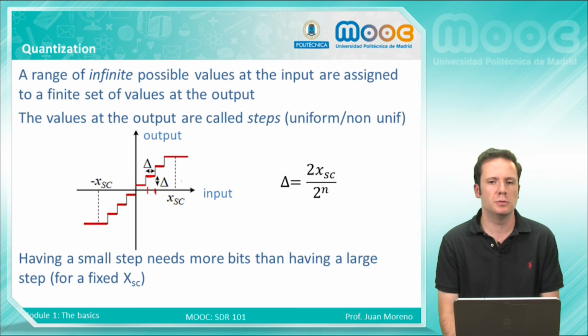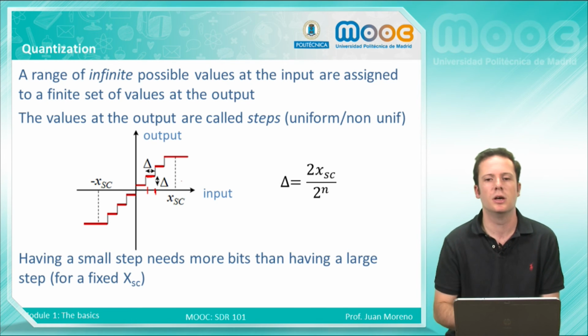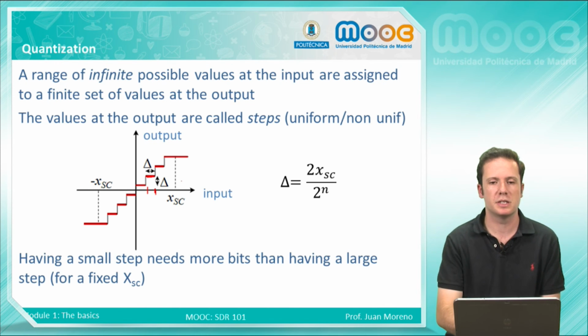Each value at the output will be called a step. Of course, having small steps will lead to a greater need of bits than having a large step. So you will have more resolution with smaller steps, or less resolution with bigger steps.